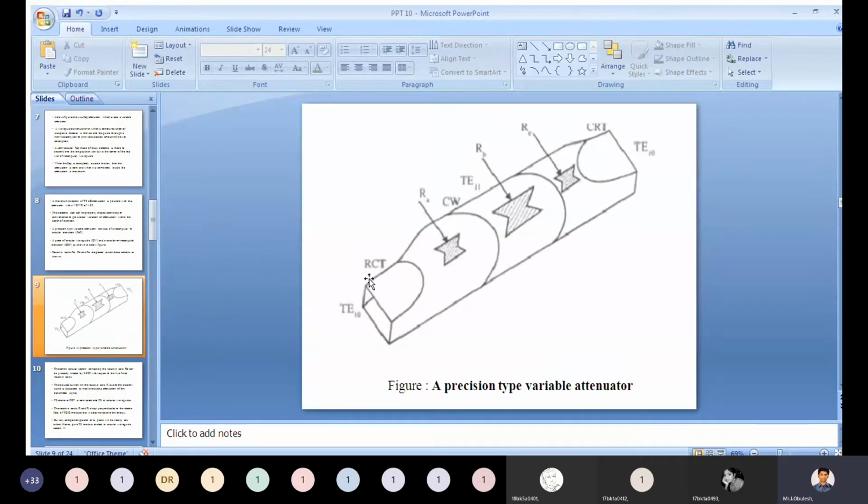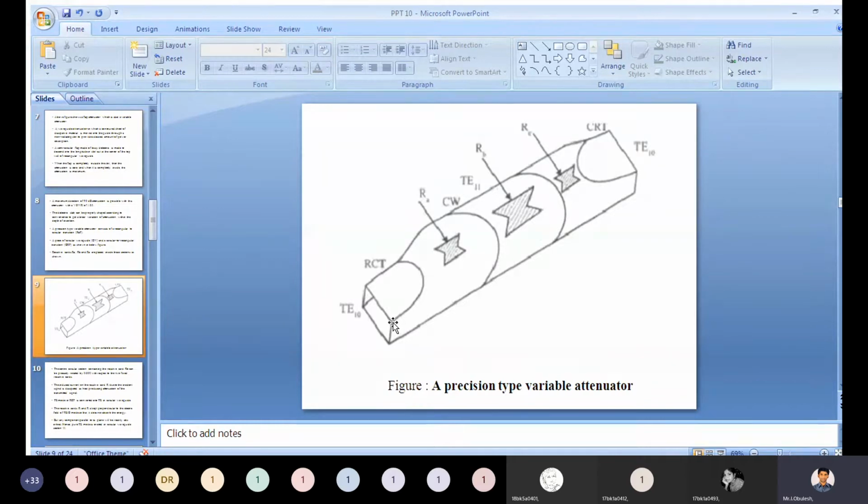The TE10 mode in RCT is converted into the TE11 mode in the circular waveguide.